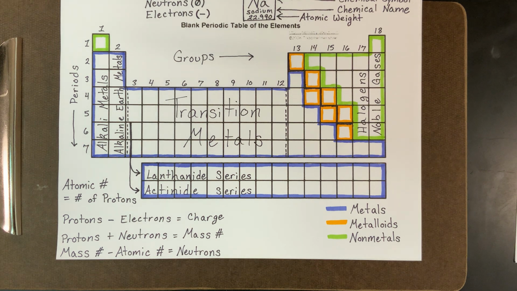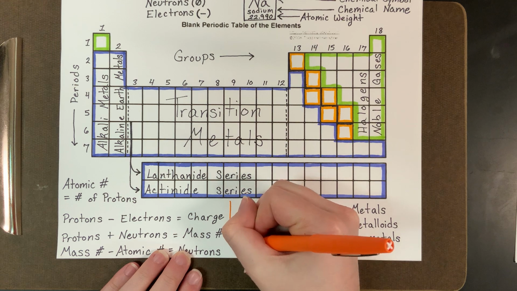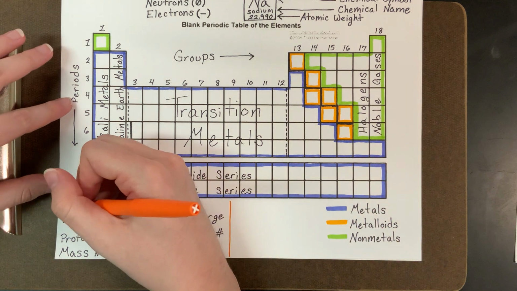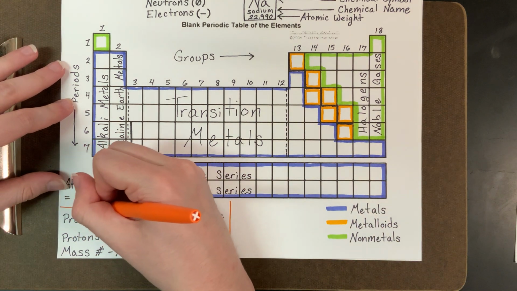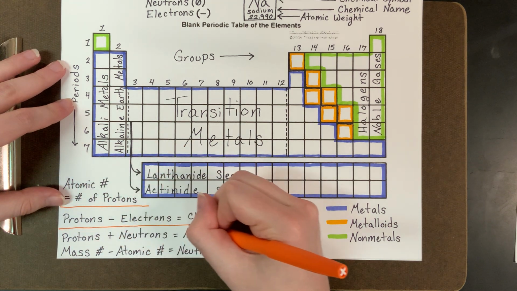So I'm gonna take a moment and just separate these out just for ease of access. My brain works better when I separate some things, so I'm just gonna draw a line. Not super important, just something that I like to do.